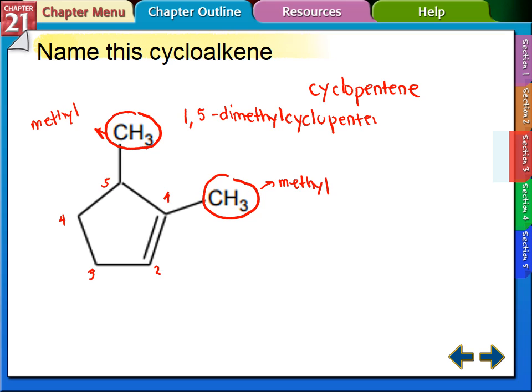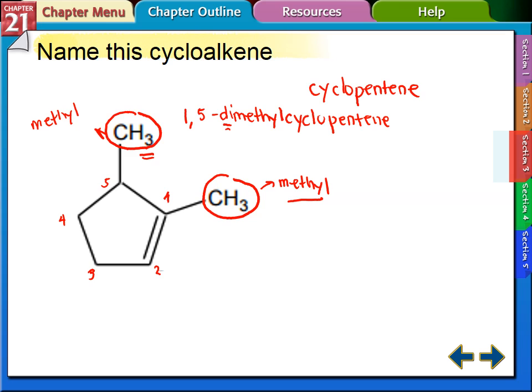That would be 1,5 because on carbon 1 and carbon 5, that's where our methyls are connected, and di means we have two methyls connected to our cyclopentene.